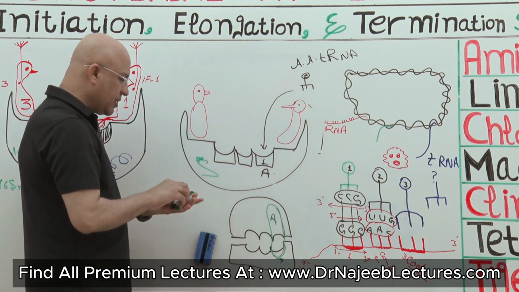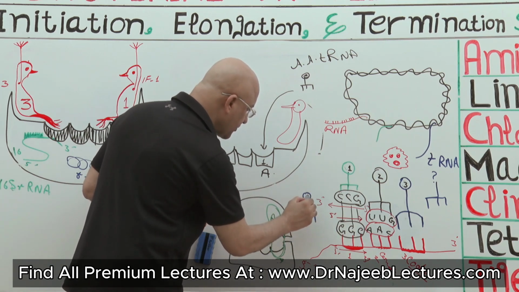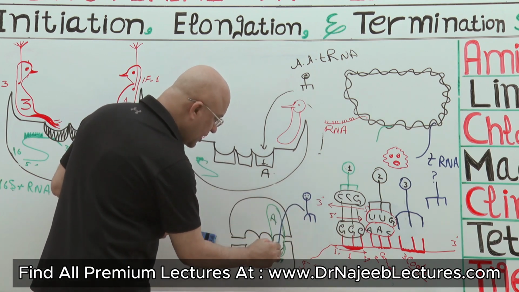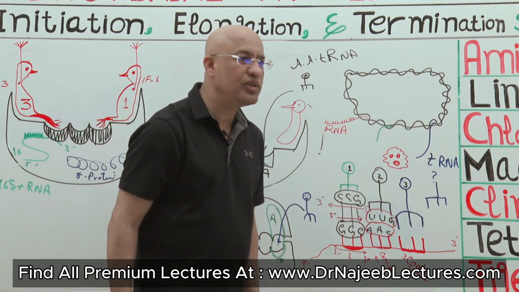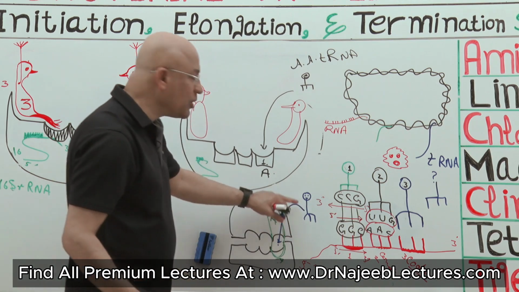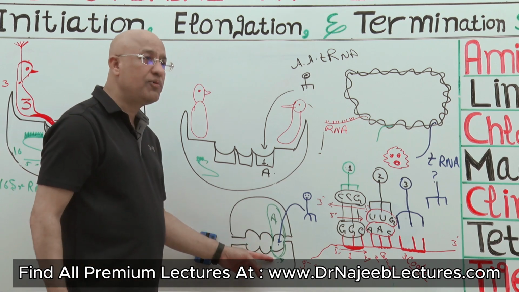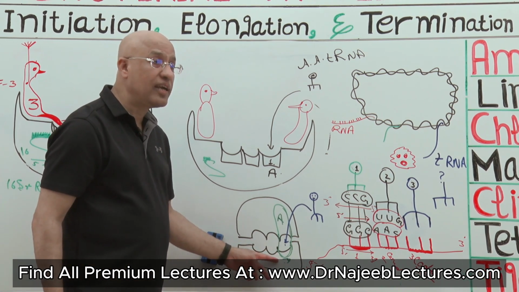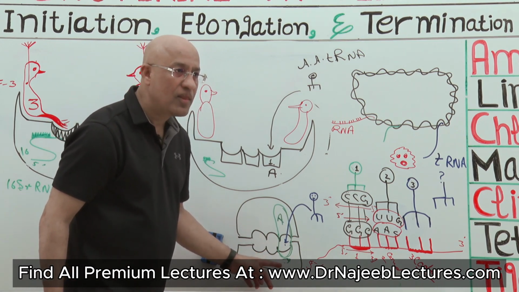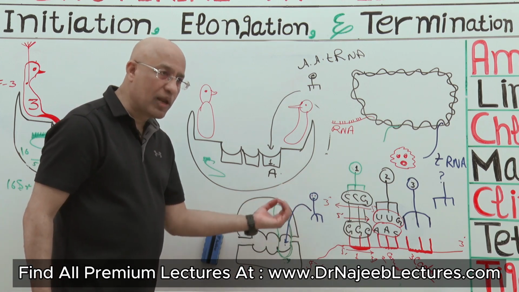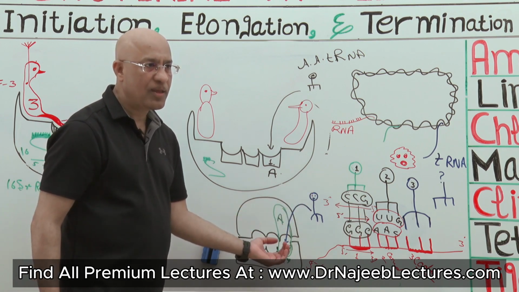What is the A site? A is for arrival of amino acyl transfer RNA. So we call this the A site because it is the amino acyl transfer RNA binding site, for the arrival of newly coming amino acyl transfer RNA, right?